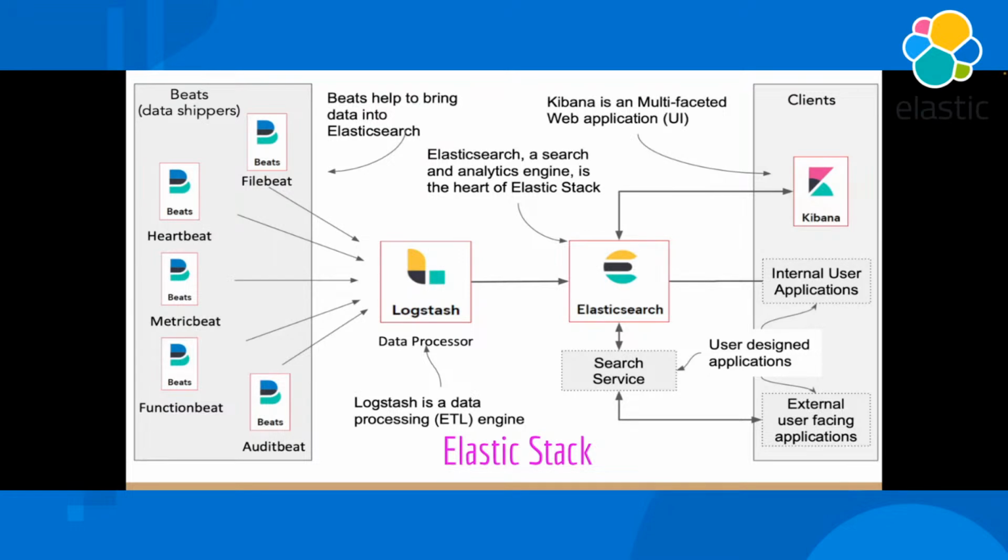Filebeat will collect those logs, tailing them, and push them to the next level of processor. It could be Logstash, or it could go directly to Elasticsearch as well. Similarly, you can have Metricbeat, Heartbeat and other Beats. Those are the single-purpose data shippers. That means they only do one particular thing, and that is their purpose.